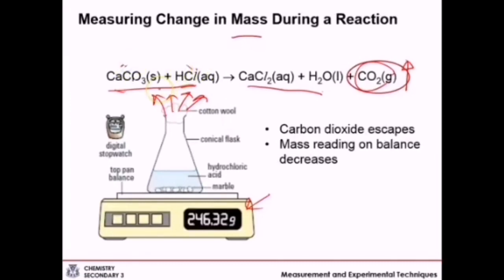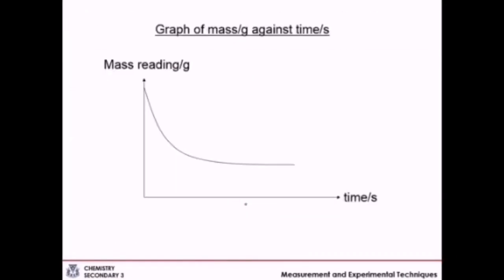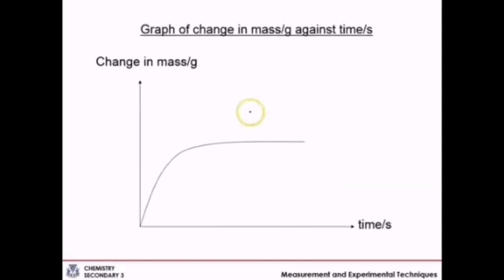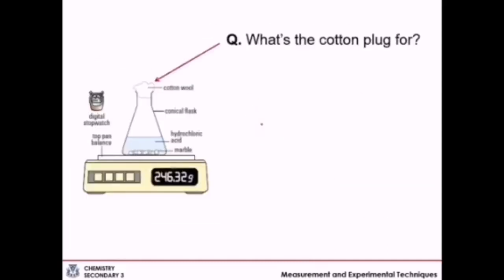The constant value means that our reaction is completed, all the reactants are used up, and the carbon dioxide is completely out of our mixture, so the reaction has attained a stable position. It means one or both of the reactants have been used up. A flat line is the indication for the end of the reaction.